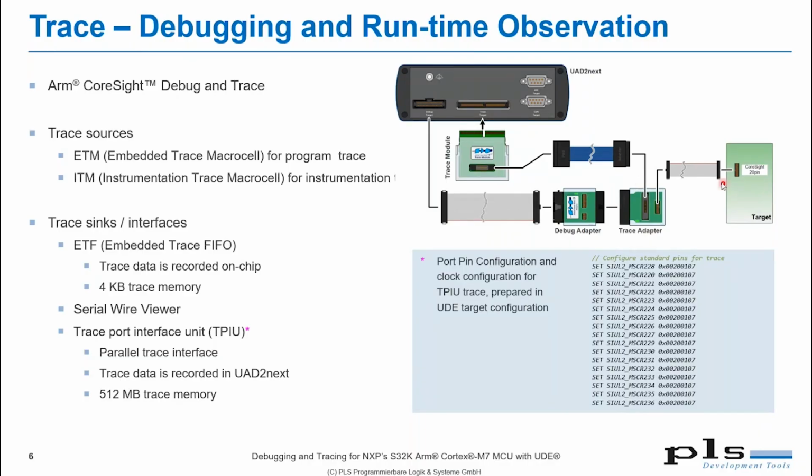This is one possible configuration. So you have the debug adapter connected. This is the standard one, which is also used with the UAD2 Pro. You can connect directly to the trace adapter, and the trace information and the debug information are handled by one interface, which is a standard CoreSight 20-pin interface on the board.